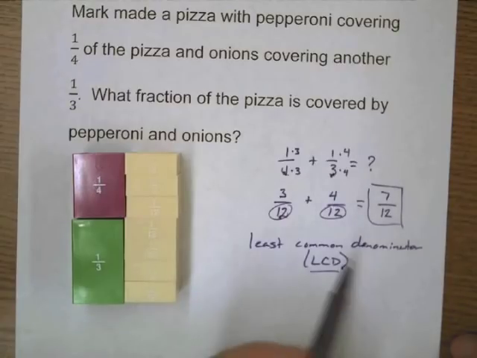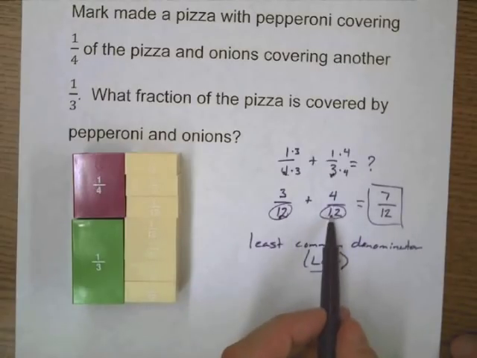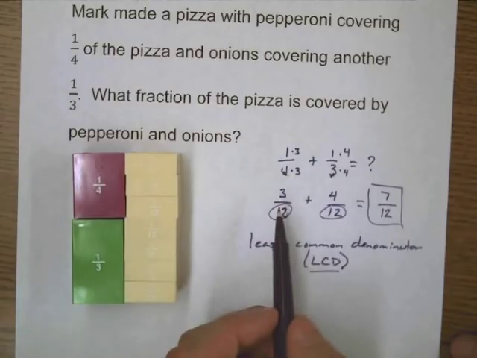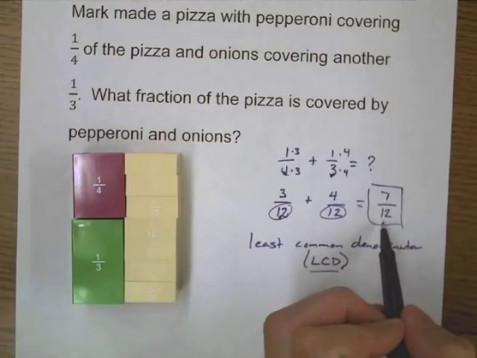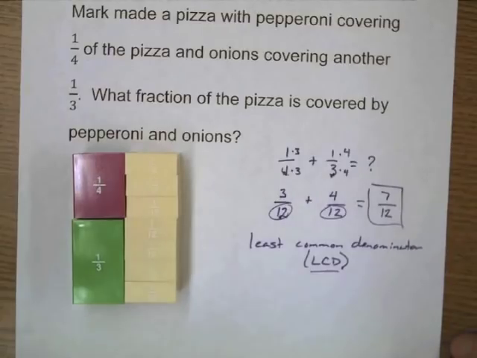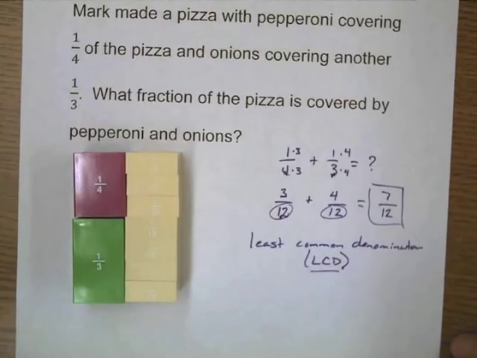Now I can use other denominators. I could use 24 here, because 24 is a common multiple of both 3 and 4, but I'd end up with 14/24, and I'd need to simplify. So using the least common denominator allows us to simplify before having to come up with an unsimplified fraction.